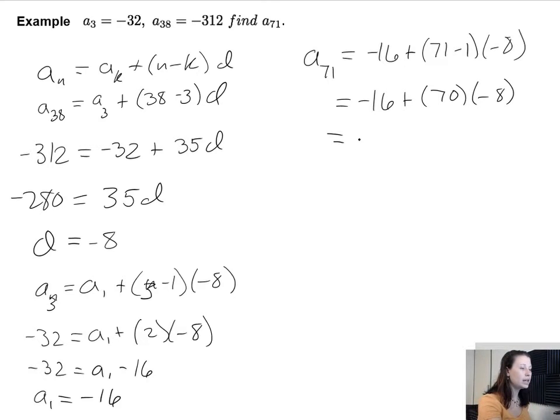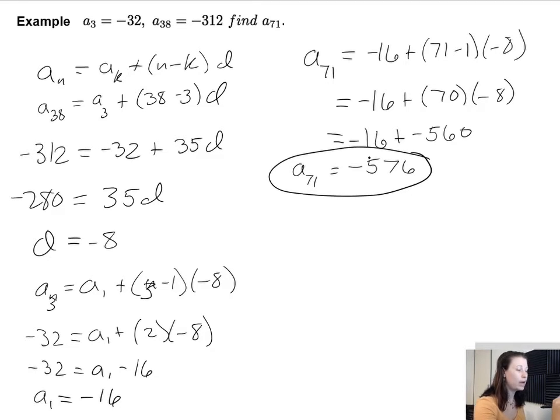Oh, that's technically not a plus, a minus. So 70 times negative 8 is negative 560. So then A71 is equal to negative 576. And that's our answer there, okay?